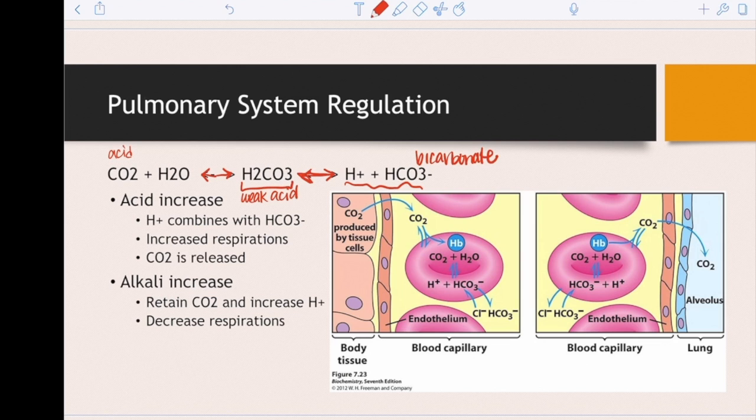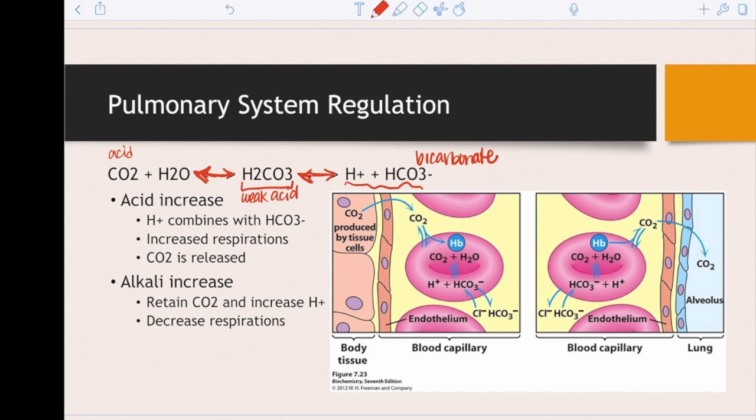That weak acid is then going to dissociate and become CO2 and H2O. And then we can release that CO2 through our respirations, and that should help us to get rid of some of the acid that has been increasing within the system. I hope that makes sense.